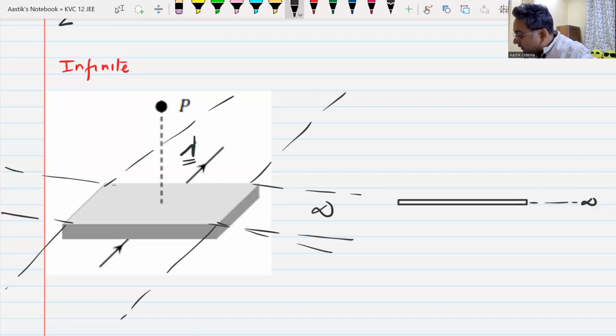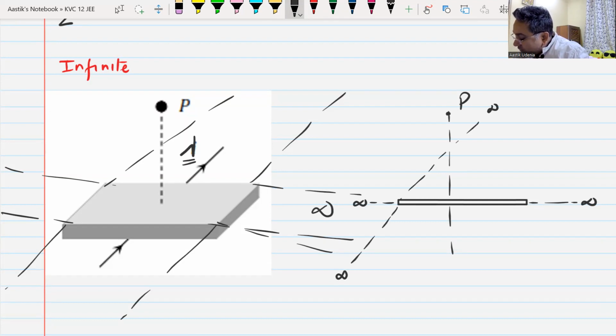This is going till infinity. This is going till infinity. Point P is here. In this dimension, it is going to infinity, and in this dimension, it is also going to infinity. Do we understand this? My version of the diagram? And it carries current going in the inside direction. Current per unit length is lambda.